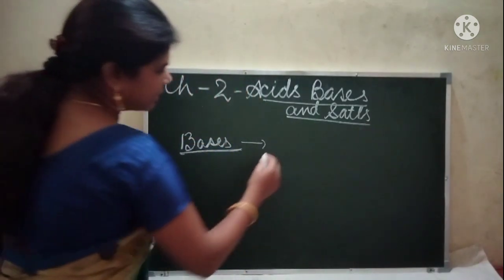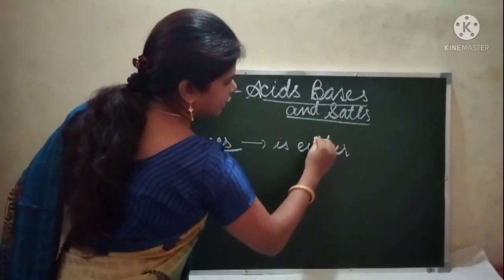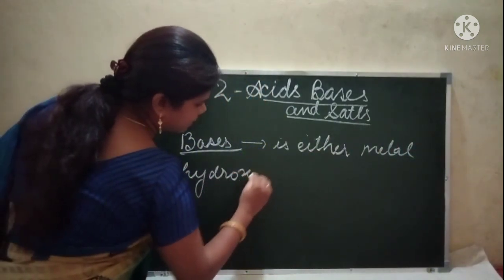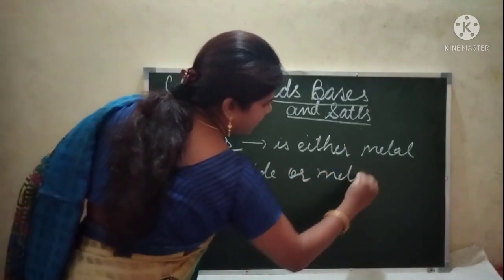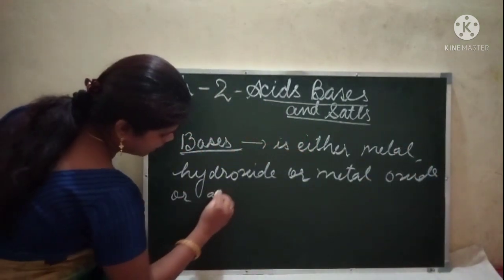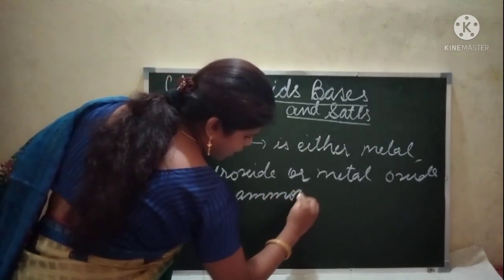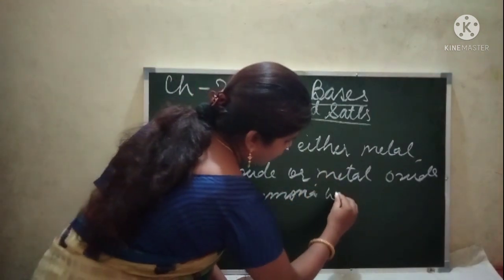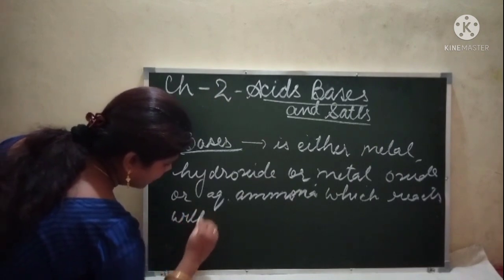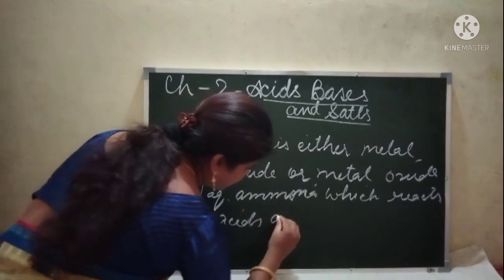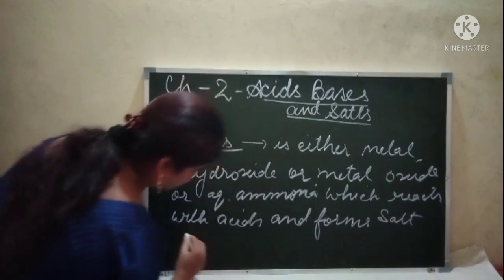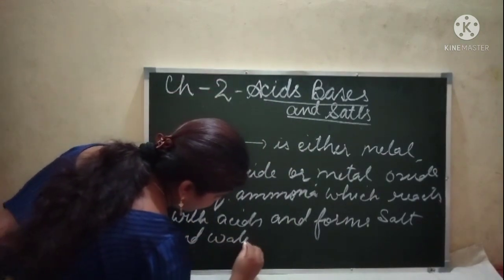A base is either a metal hydroxide or a metal oxide or aqueous ammonia, which reacts with acids and forms salt and water.